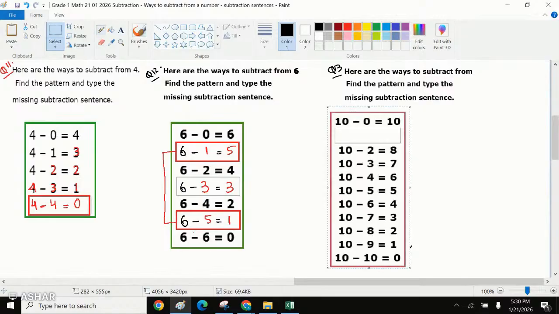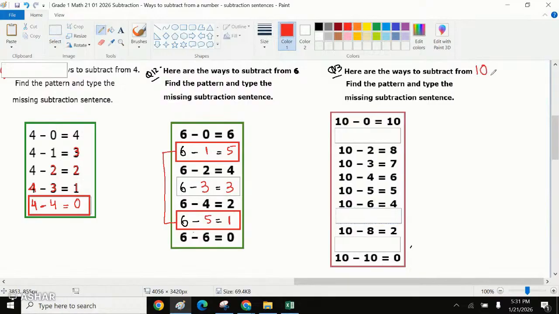Let's put it down. Let's copy this. And we say one more statement over here. If these are the missing statements, and we need to subtract from 10. So what could be the answer?